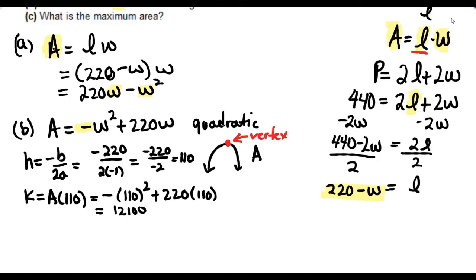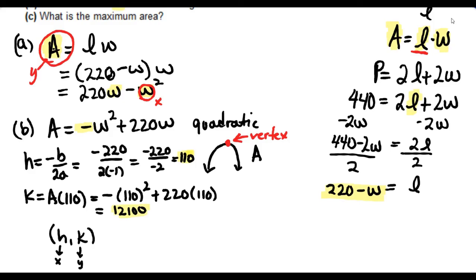Now just to pay attention, we've got two numbers here for the h and for the k, but we want to make sure we know what those numbers mean. Typically in an ordered pair, h, k, the h stands for the x and the k stands for the y. In our equation, we don't have x and y. We have A for the y part and W for the x part.